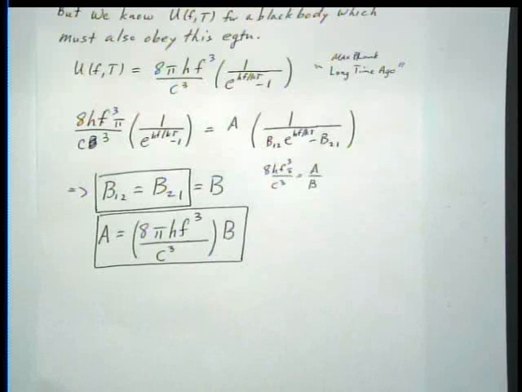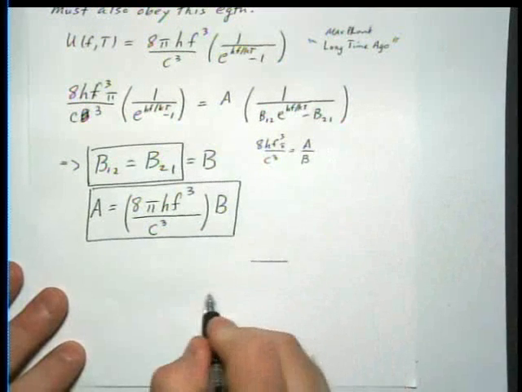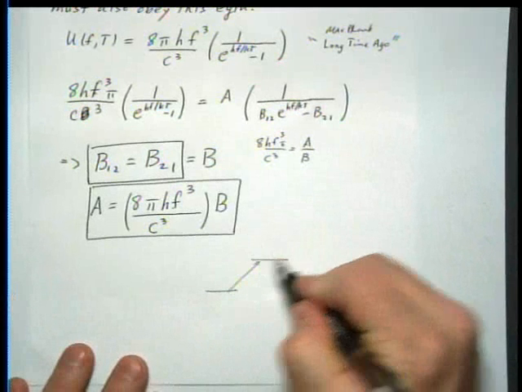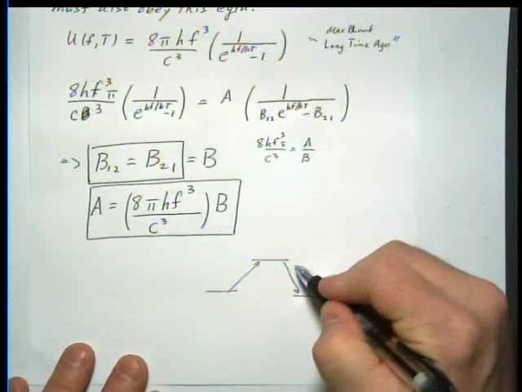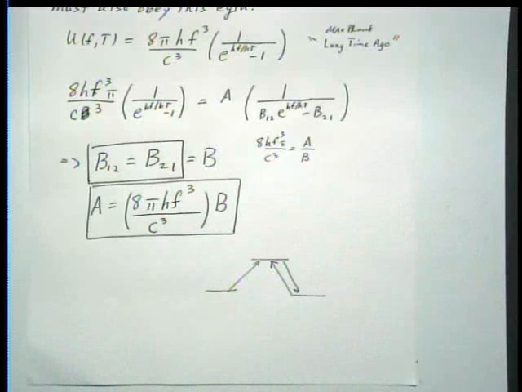In particular, I've not considered the possibility that you might have something like this, in which you could have maybe this possibility, where there may be two absorption states pretty closely matched and one emission state that dominates.